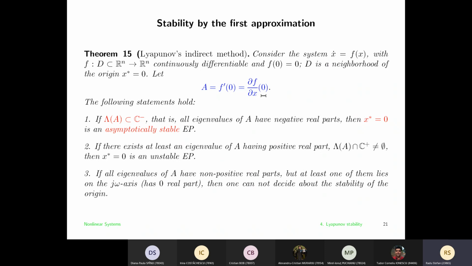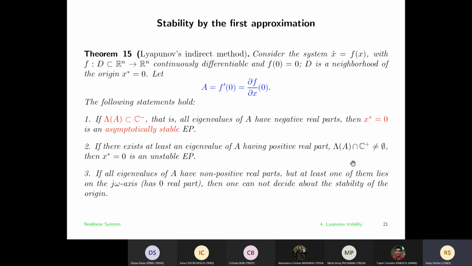You will understand a little bit later why these things come into play and what the role of it is. Now, look first at the theorem.